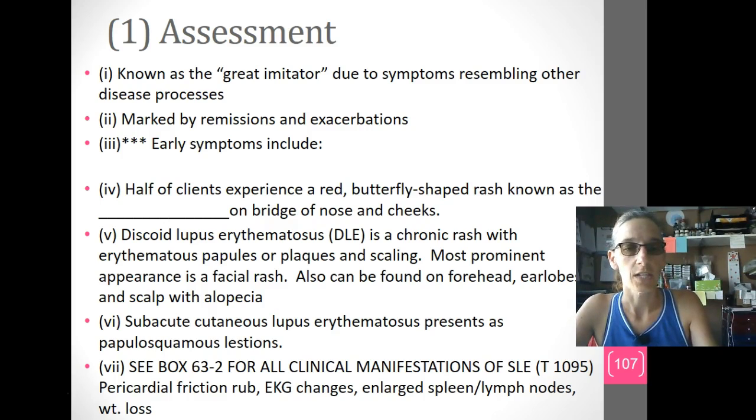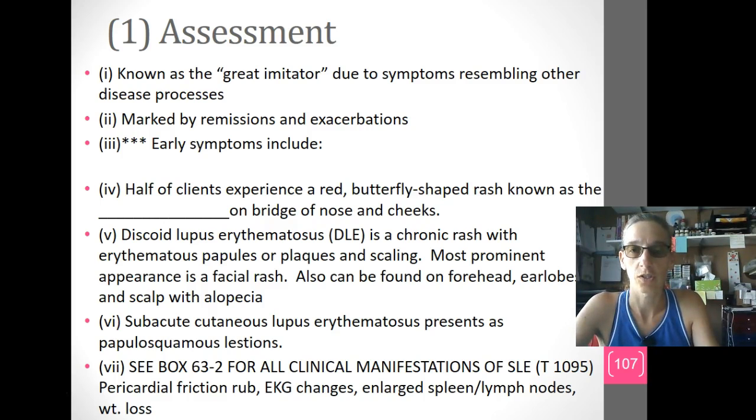Then subacute cutaneous lupus erythematosus presents as papulosquamous lesions. Again, I've got a typo in there, but it's papulosquamous lesions. The rash is raised and scaly. So be sure you see box 63-2 for all clinical manifestations of SLE on page 1095. There's pericardial friction rub, EKG changes, enlarged spleen, enlarged lymph nodes, weight loss, many different things.